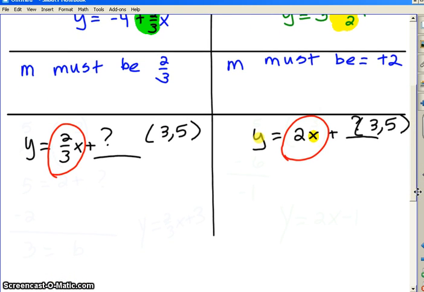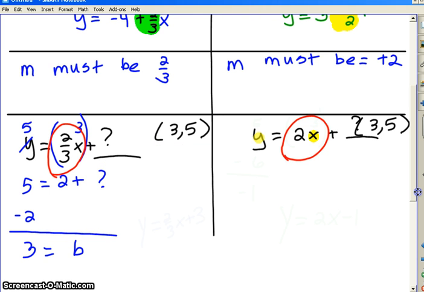Since the point (3, 5) is going to be on the line, we're going to use x equals 3 and y equals 5 to find out what the y-intercept is. So we replace y with 5 and x with 3, and 2/3 times 3 gives us 2. When we subtract the 2 from the 5, we get b equals 3. So the equation of the line that's parallel is y equals 2/3 x plus 3.